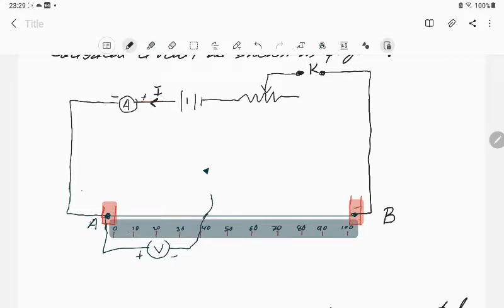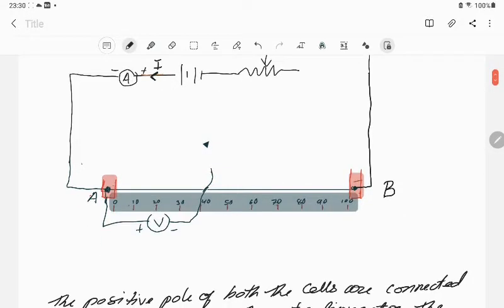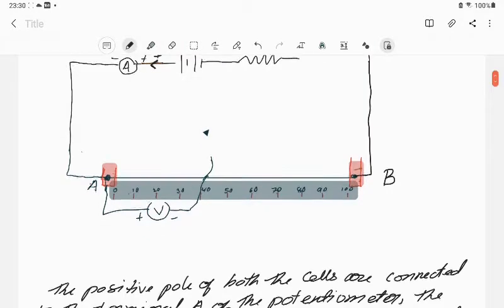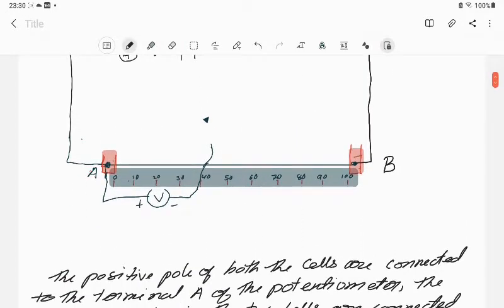In the previous topic also I have made two diagrams. This is the second one. Now here we need two cells, so this voltmeter we don't need here.